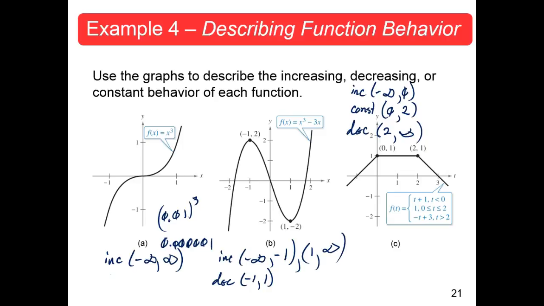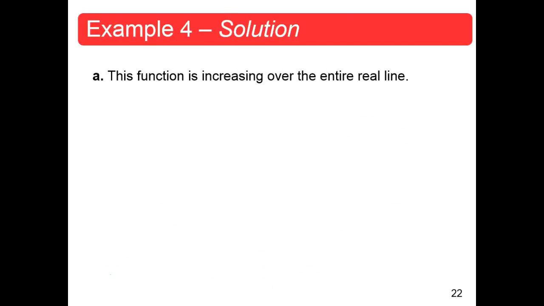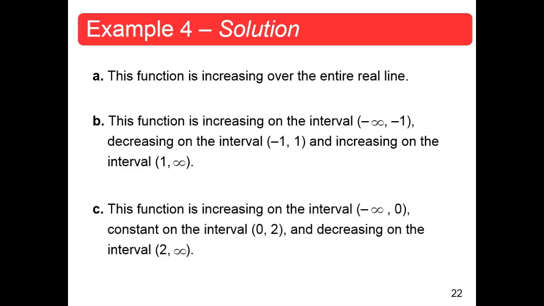When you're defining a piecewise defined function, yes, you define whether you count the endpoints or not. But when you're talking about intervals of increasing, decreasing, and constant, just put the interval, you don't worry about the endpoints. Okay? But if you put them, it's not wrong.